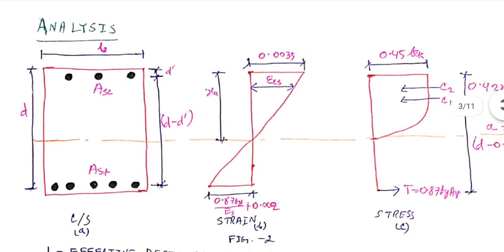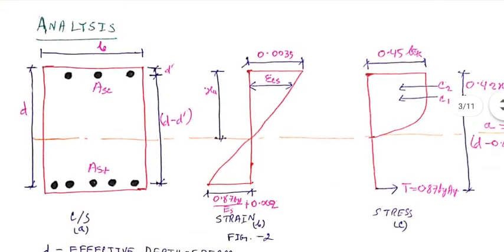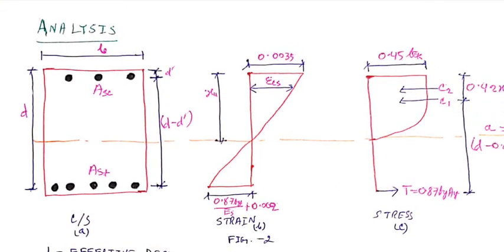Now see figure 2b, that is the strain diagram. Before that, you know the depth of neutral axis is denoted by xu in limit state method. Now the strain diagram is just like a singly reinforced beam.